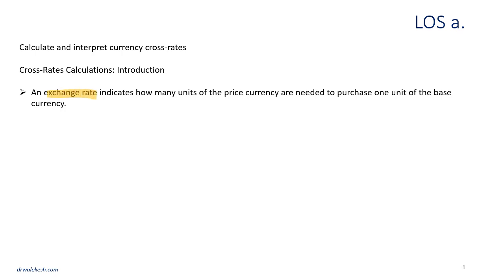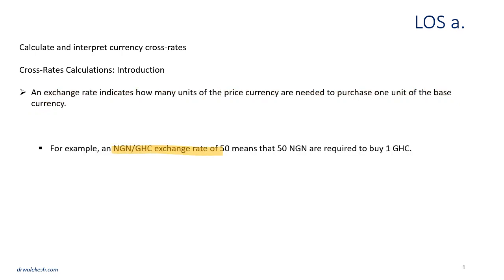An exchange rate indicates how many units of the price currency are needed to purchase 1 unit of the base currency. An example is this. That is 50 Nigerian naira per Ghanaian cedis.